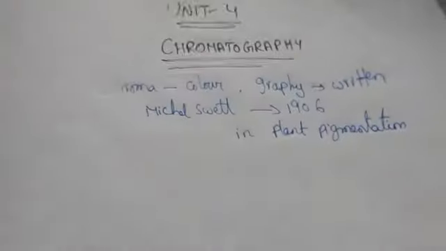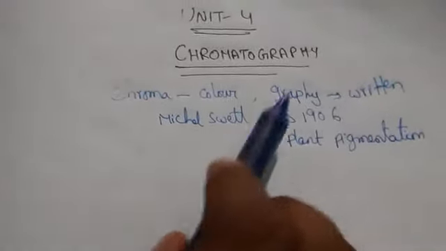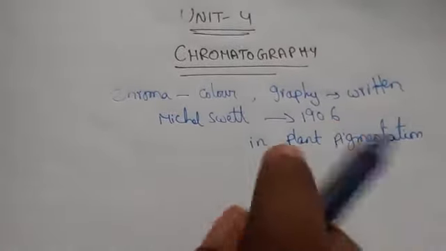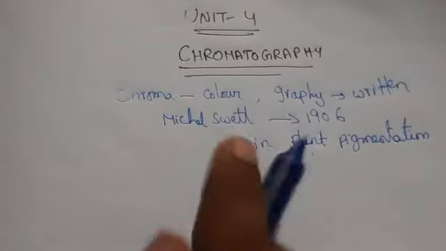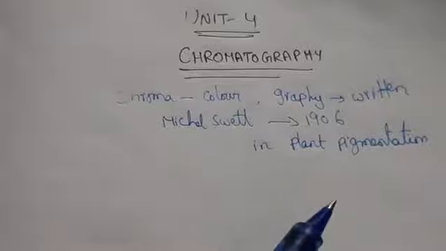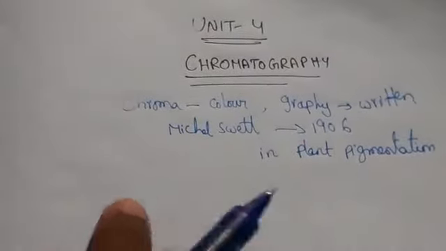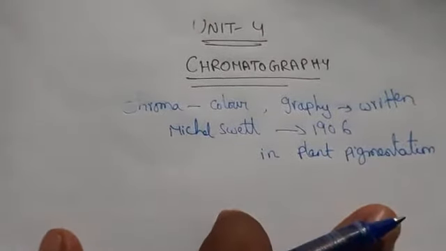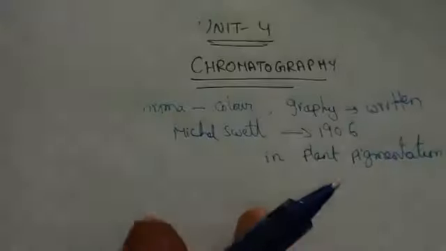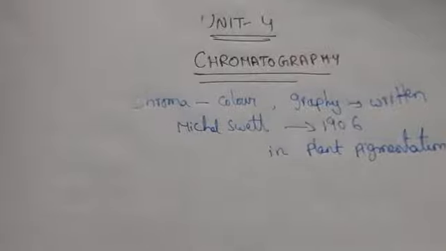By using chromatography, the chlorophyll or xanthophyll present in the plant pigmentation is separated. So chromatography is a separation technique in which a mixture of components is separated into individual components.